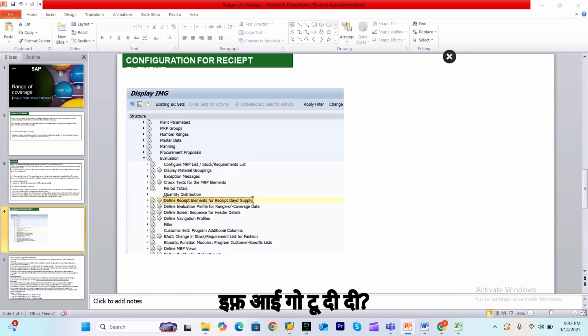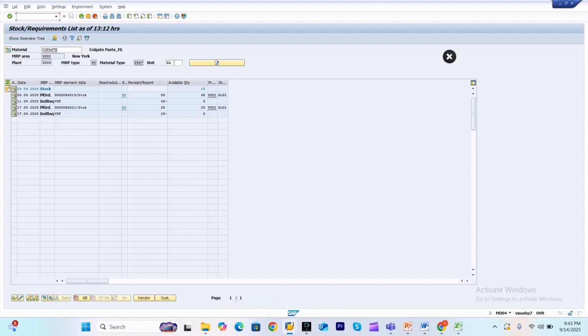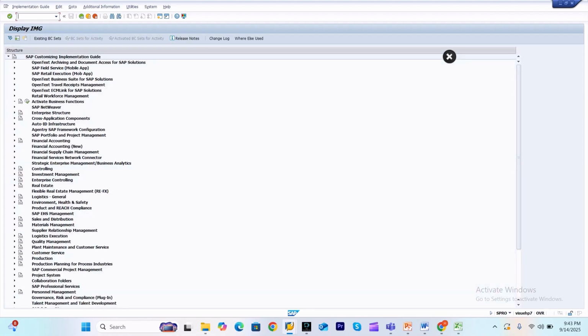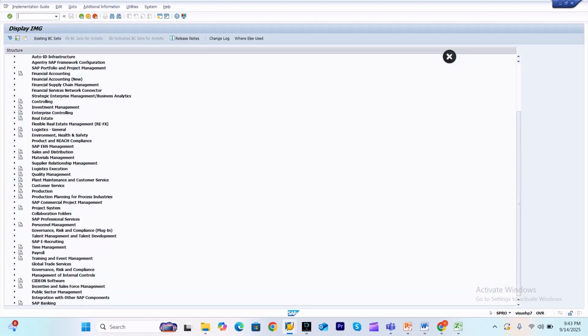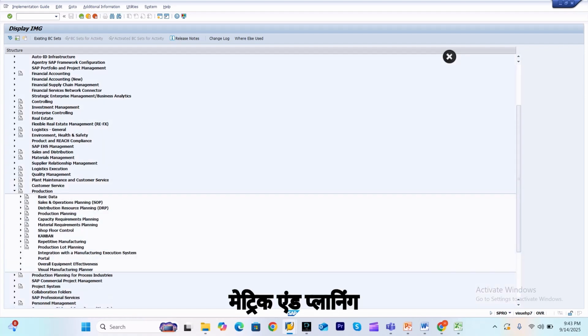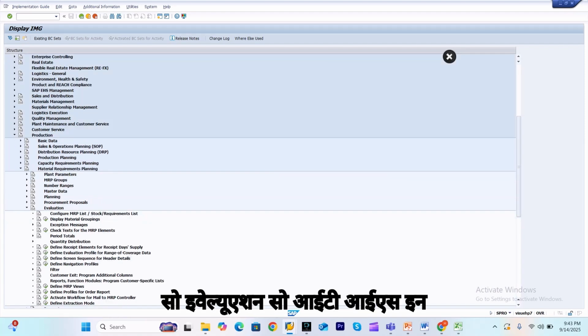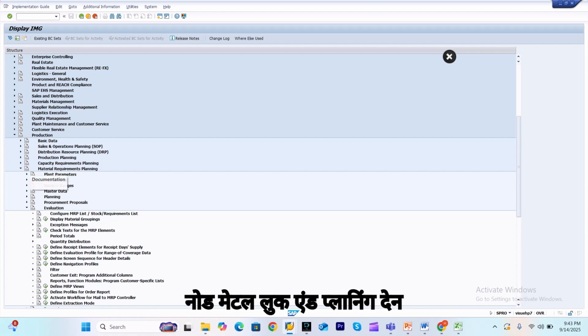So here if I go to the SPRO, material requirement planning and then evaluation. Okay, so it is under the production node, material requirement planning, then evaluation.